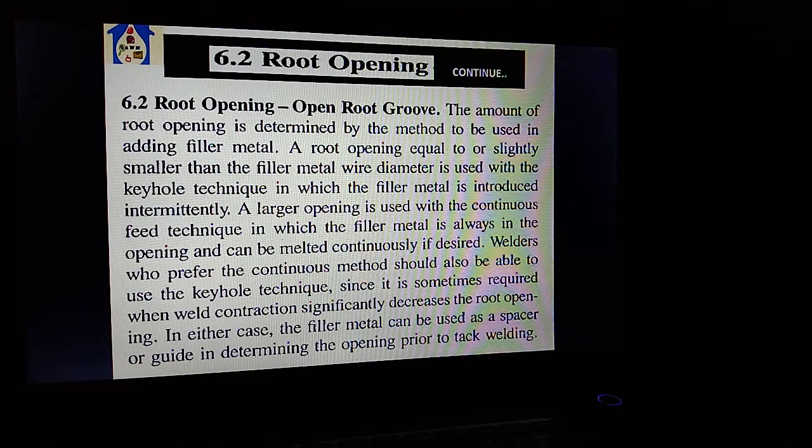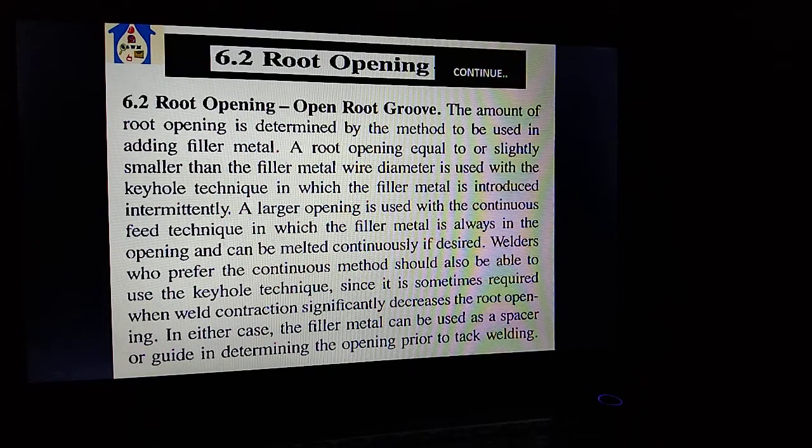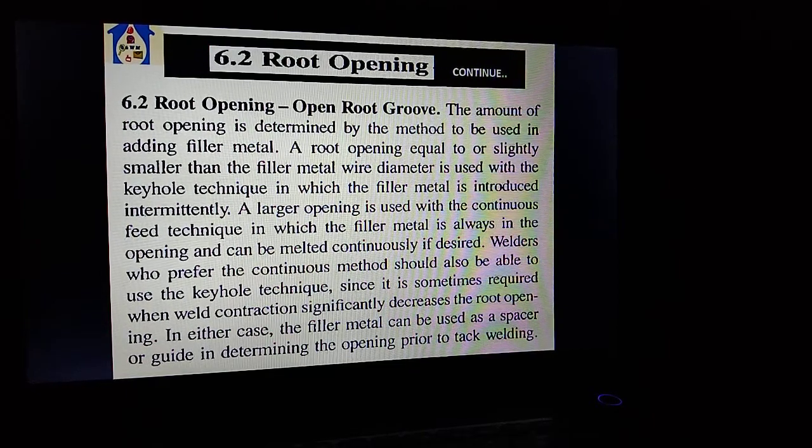A root opening equal to or slightly smaller than the filler metal wire diameter is used with the keyhole technique, in which filler metal is introduced internally.